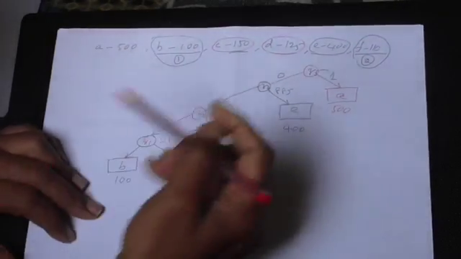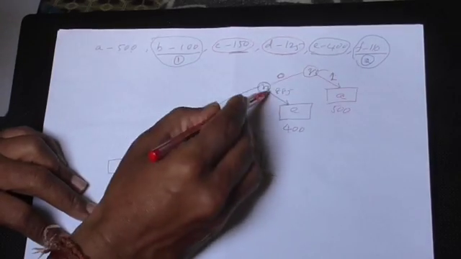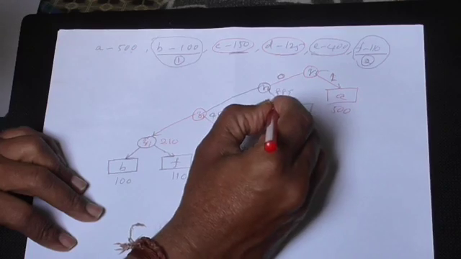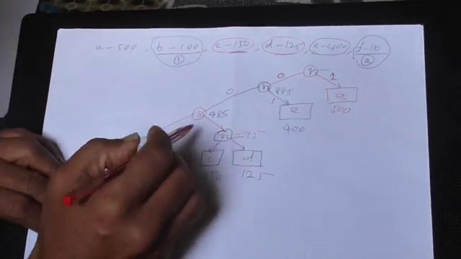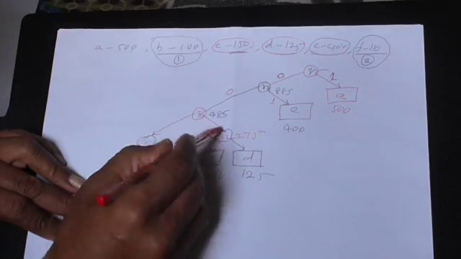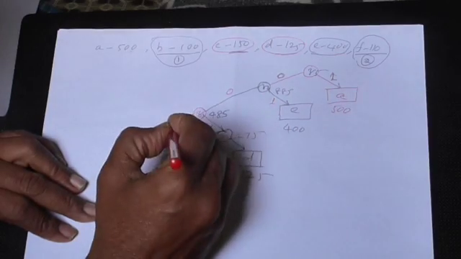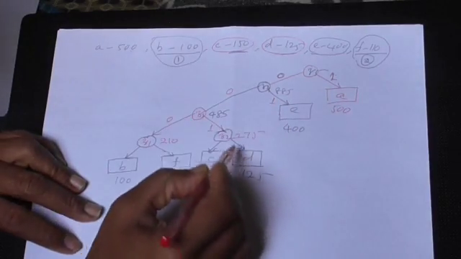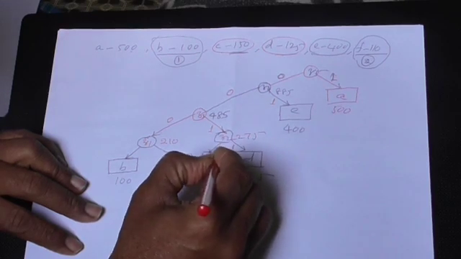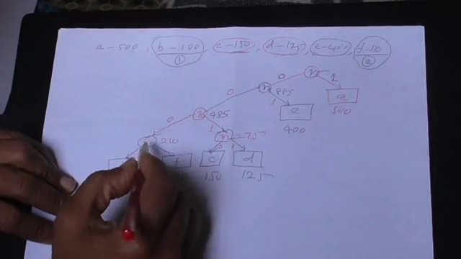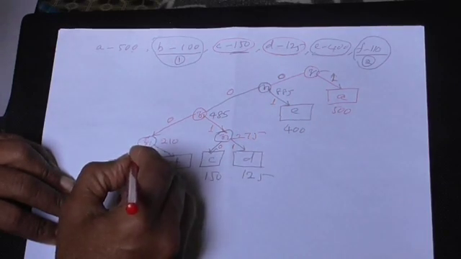Now this is the right child for this node, I'll put it as 1. This is the left child, put it as 0, and for this node it is the right child, I'll put it as 1, and this is the left child, I put it as 0, and for this I put it as 1, and for this I write it as 0, and for this the right child I'll put it as 1, and this is 0.